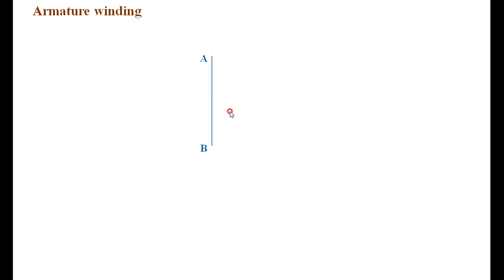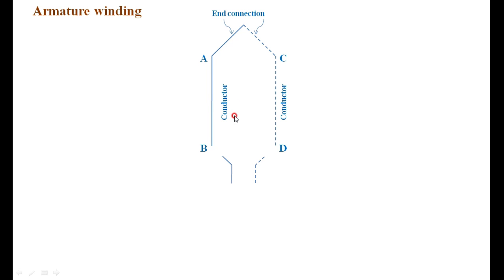Here I have one conductor, AB, and another conductor, CD. These are connected, and this is what we call the end connection between the two conductors. Now it becomes a turn, or a coil with a single turn.